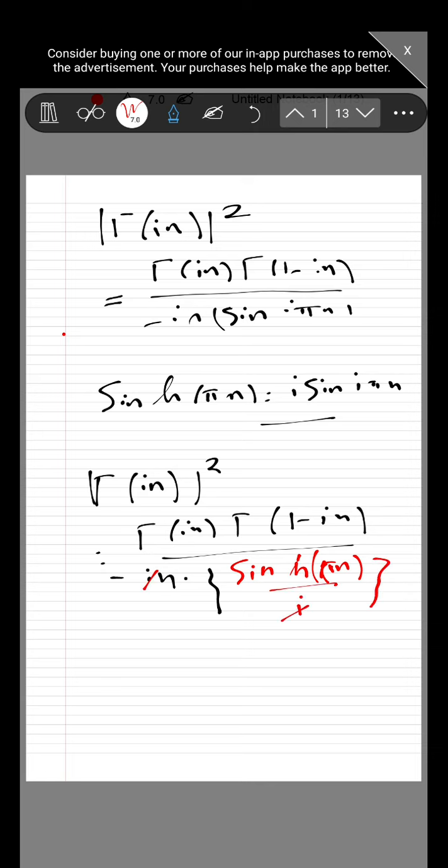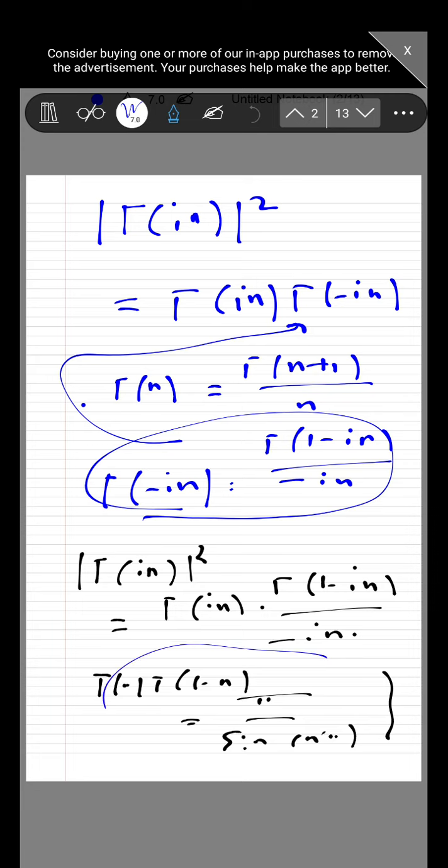So this i cancels out, and what we are left with is, it should actually be π here, using the previous relationship, so it will be π by sinh(πn).